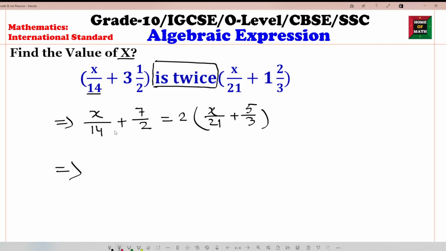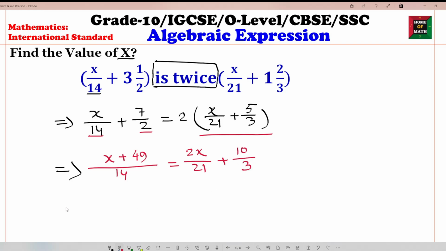Now look, here is also some fractions. In this case the LCD of 14 and 2 is 14, so we can write x plus 14 divided by 2, which is 7, and 7 times 7 is 49. And here, once we multiply 2 with this fraction, it becomes 2x divided by 21 plus 2 times 5, which is 10 divided by 3.